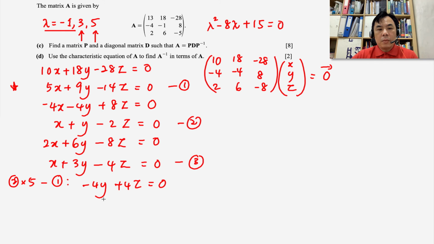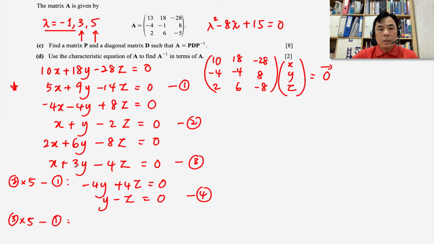And then I can further simplify this as y minus z equal to 0. That will be my fourth equation. And then at the same time, since I anchor this one, I'm going to solve that with number 3. I will take equation number 3 times 5, subtract off with equation number 1. So that will eliminate the x.